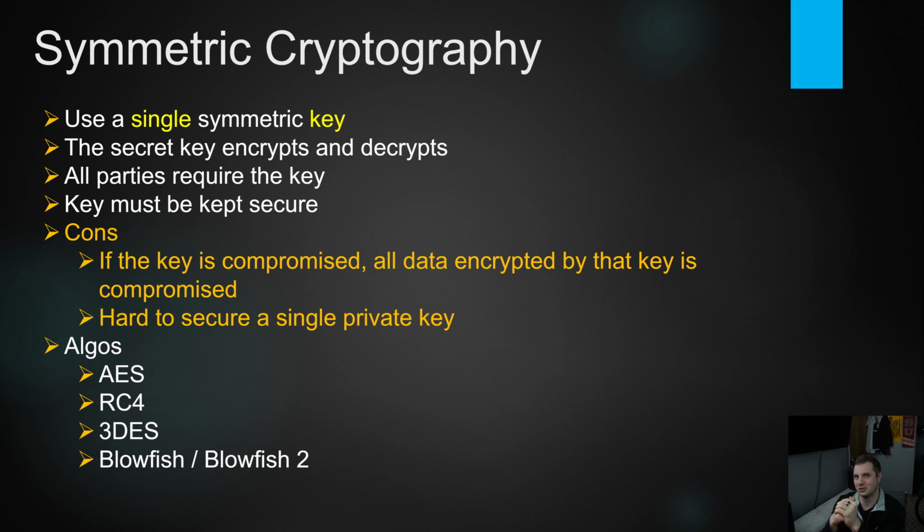One is, if this key is compromised in any way, all the data that was encrypted with that key is compromised. Now you can obviously re-encrypt it and have a new key, but it is hard to secure a single private key. So this is not a good solution to any type of cryptography.